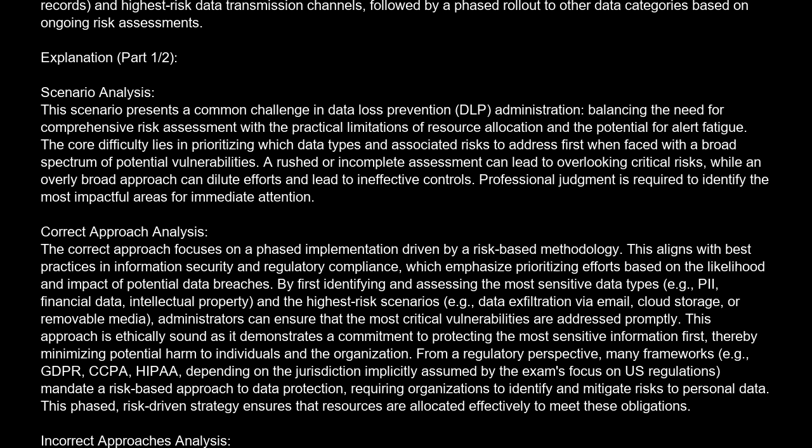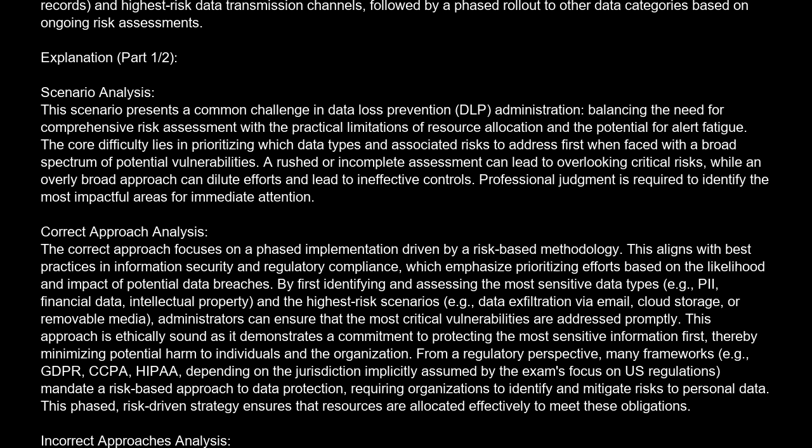Correct approach analysis. The correct approach focuses on a phased implementation driven by a risk-based methodology. This aligns with best practices in information security and regulatory compliance, which emphasize prioritizing efforts based on the likelihood and impact of potential data breaches.